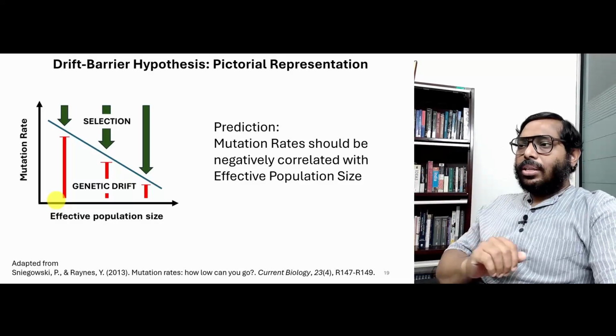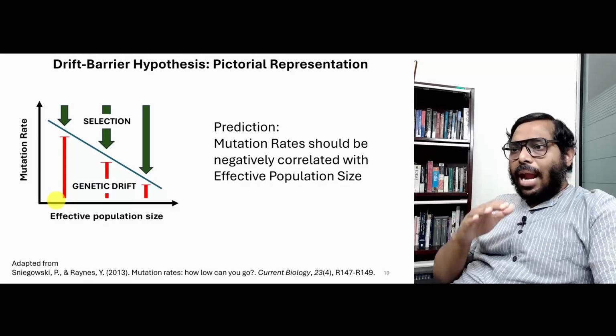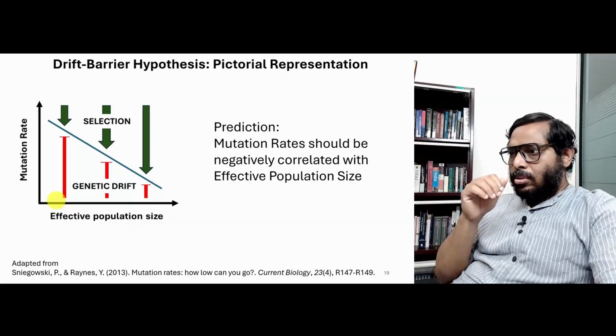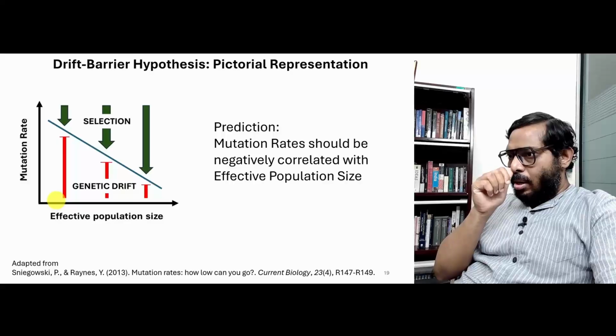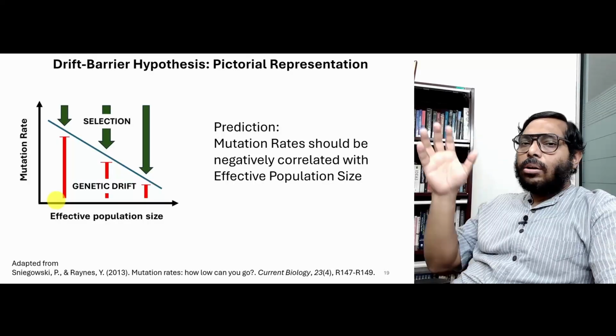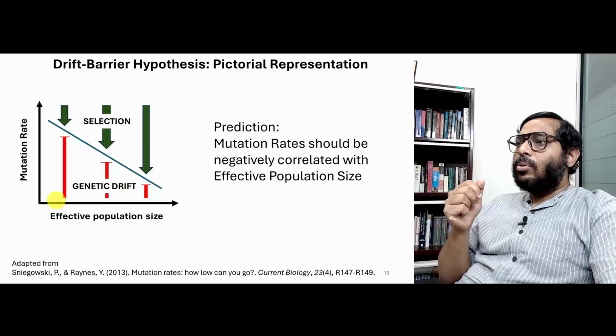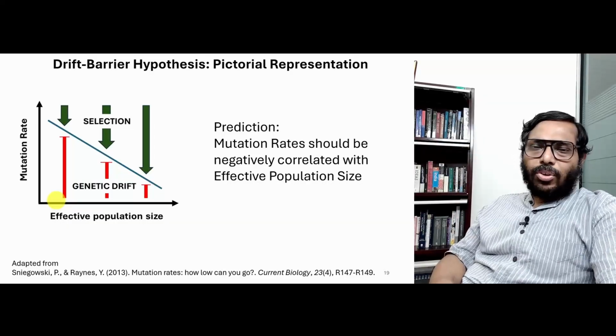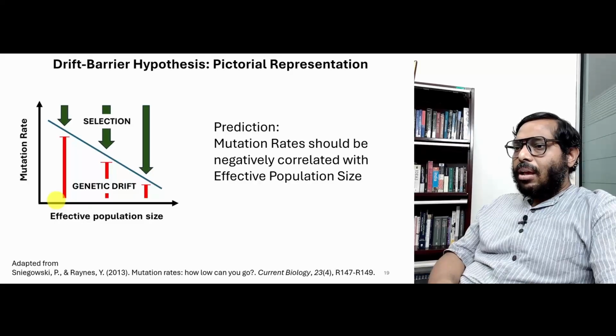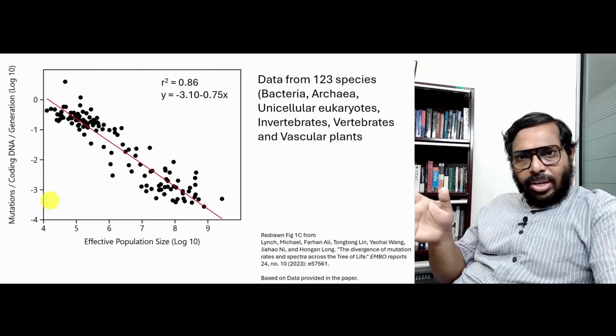In order to figure this out, Michael Lynch and other authors, and Michael Lynch is the primary mover behind this particular hypothesis, measured, or from the literature figured out, mutation rates in a large number of species. I think they have about 123 species, and they also got estimates of their effective population sizes.